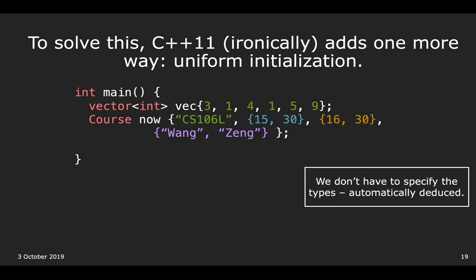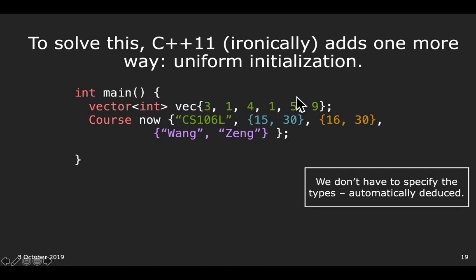Yes. So uniform is just doing it all at once? Uniform is this way of initialization that works for a lot of different things, not just structs. Sorry, could you explain more? I still don't get what uniform initialization is. What's so special about it? Yeah. So for example, initializing a vector. This way to initialize a vector creates a vector with those elements.